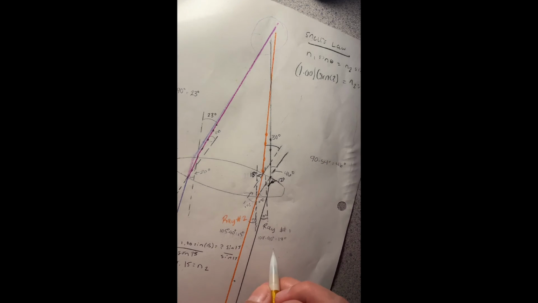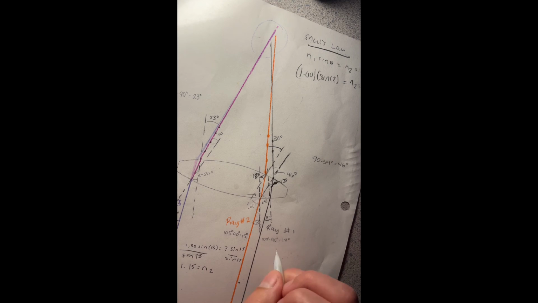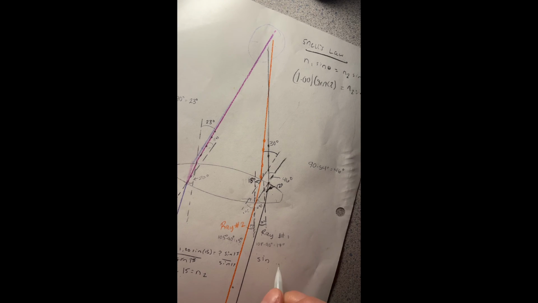And now finally we have our last angle. So we'll use 17 and 12. So we have 1.0 times sine of 17 equals n2 times sine of 12.